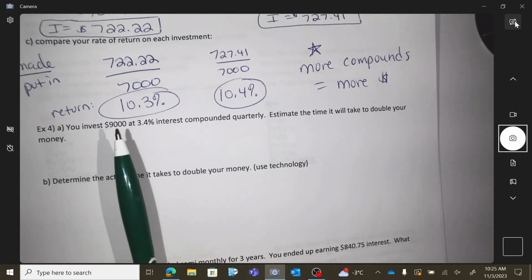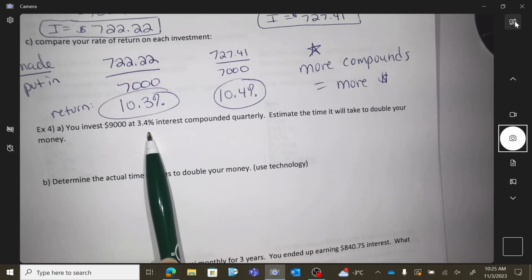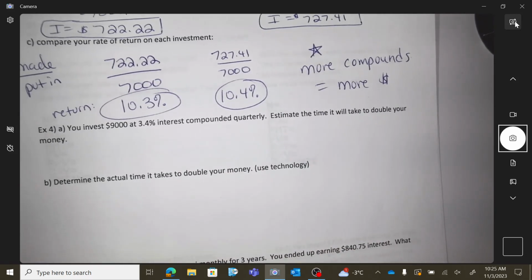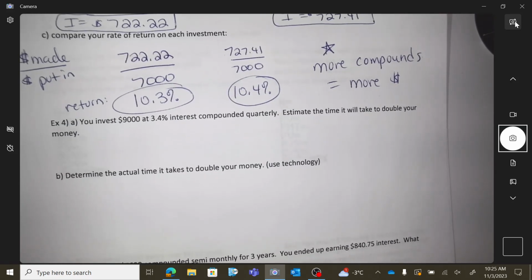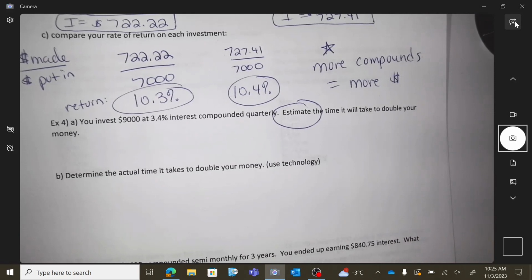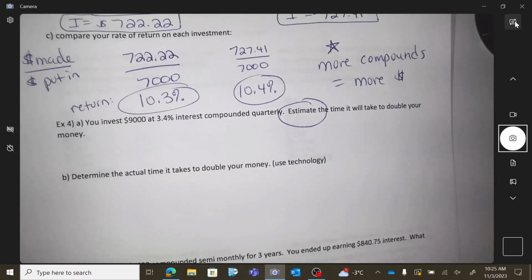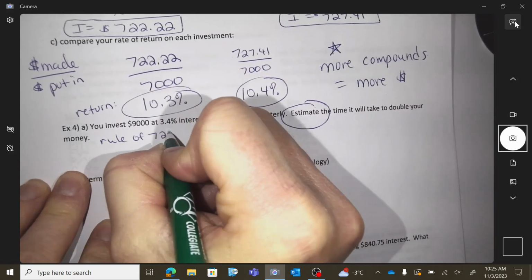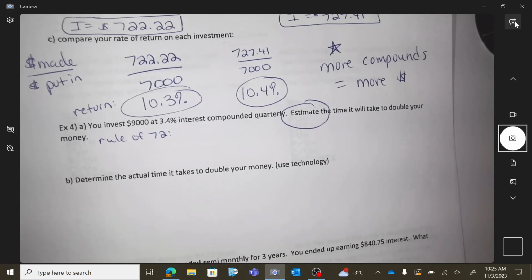Okay, number 4, 9,000, 3.4. Estimate the time it will take to double your money. Okay, so estimate the time to double your money. So estimate is using the rule of 72. When you hear the word estimate, use this rule of 72.